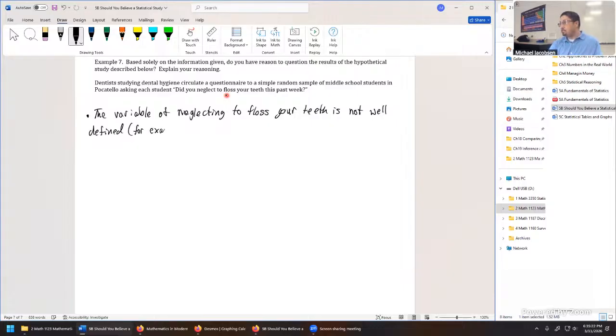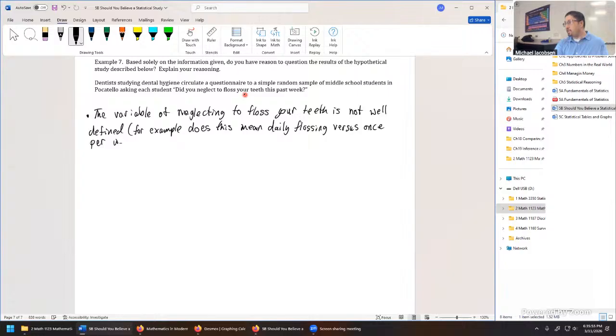For example, does this mean daily flossing? The dental hygienist probably had an intention, but we're talking to middle school students, so that has to be spelled out in the survey right here. So does this mean daily flossing versus once per week?